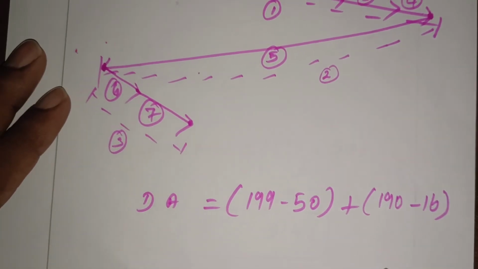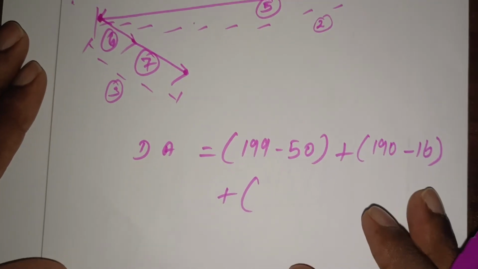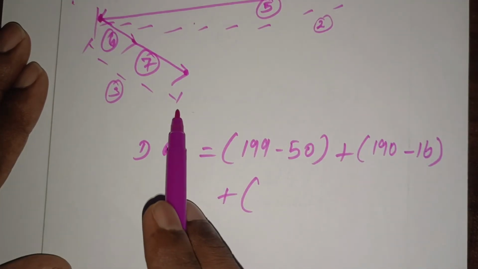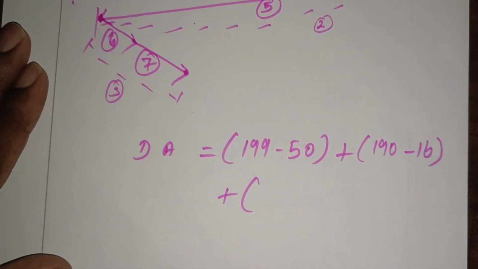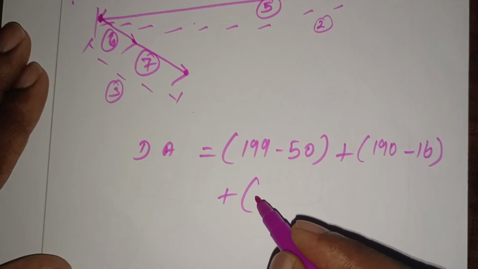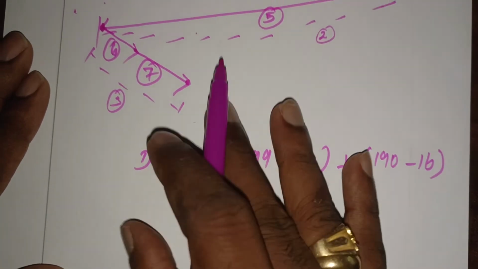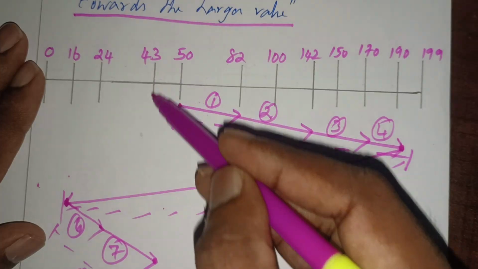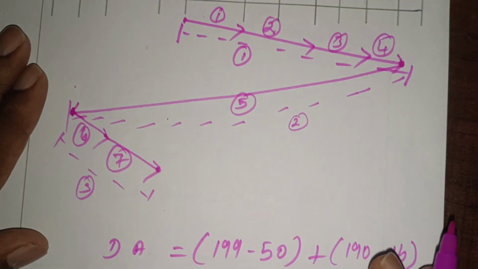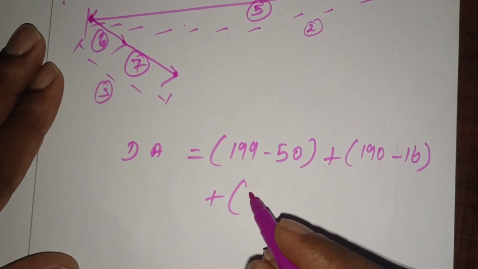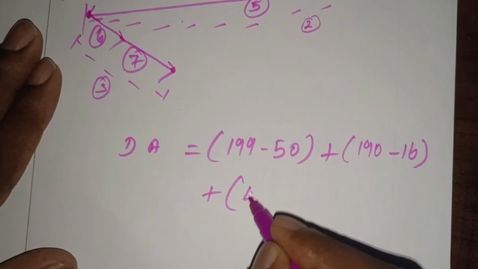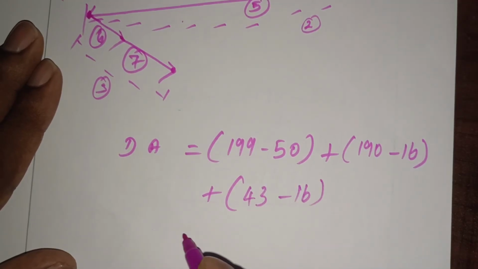Finally we have the third sequence of head movement, 16 to 43, which we calculate as 43 minus 16.